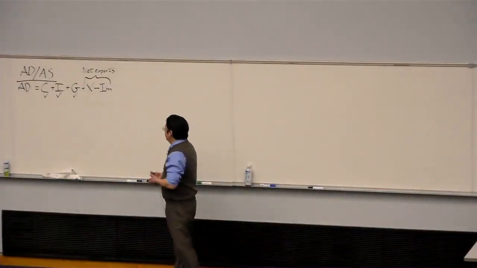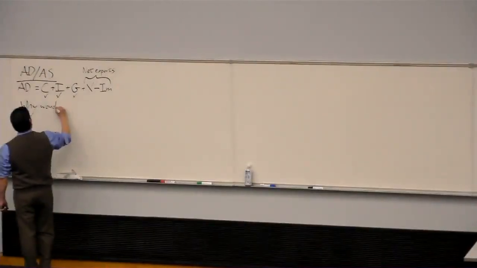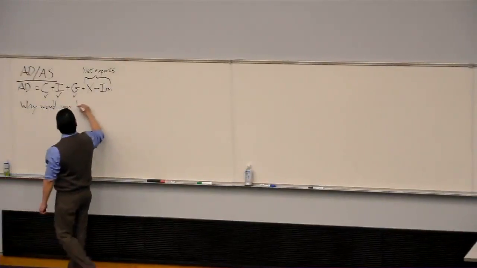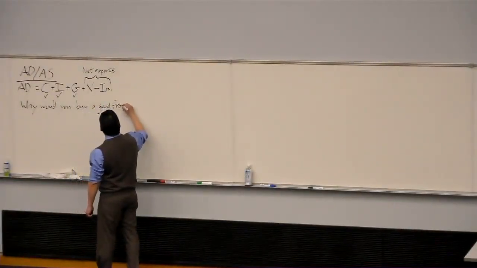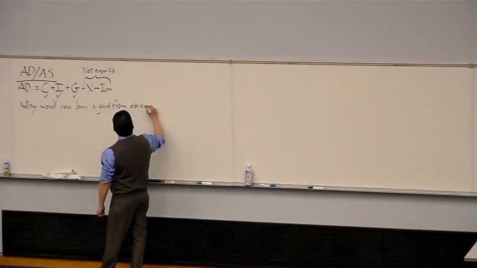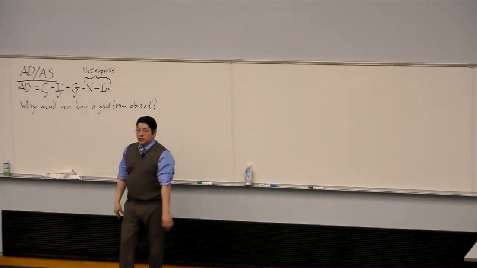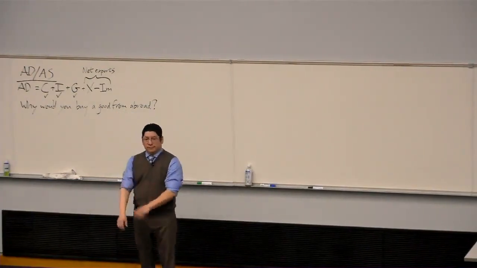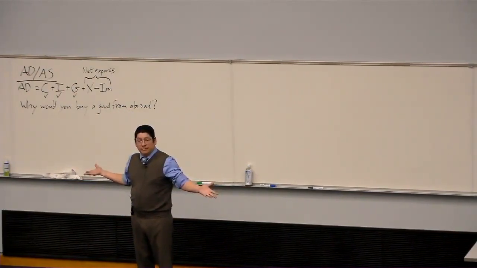So that's leading us to the question, why would you buy a good from abroad, as opposed to a similar version of the thing available here? So, why would you buy something from abroad? Yeah?